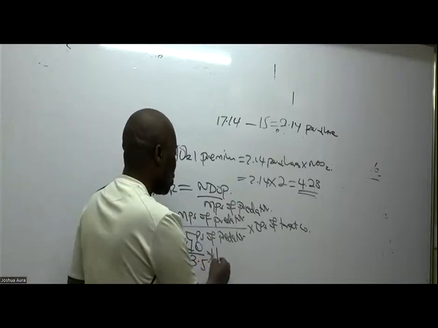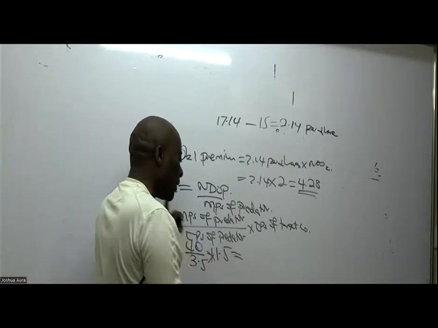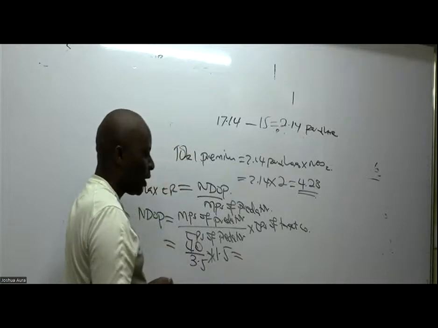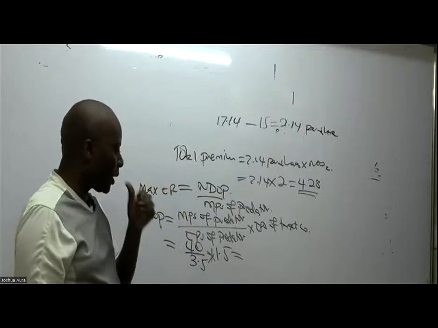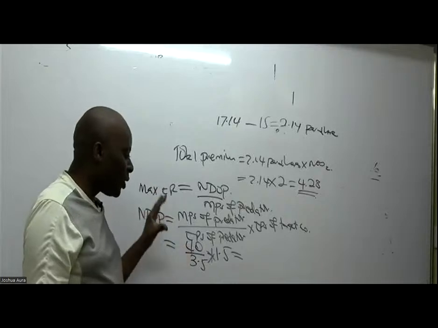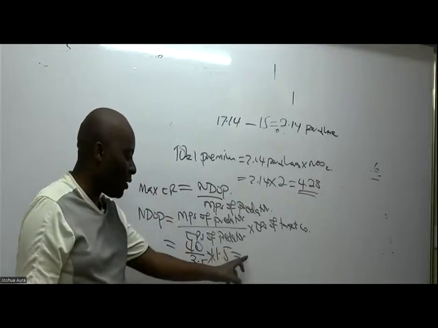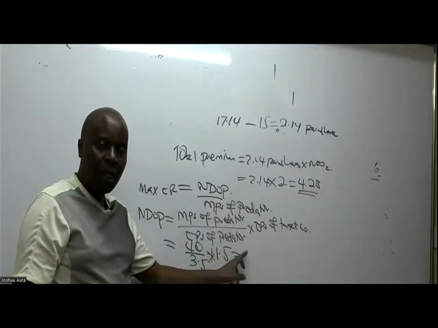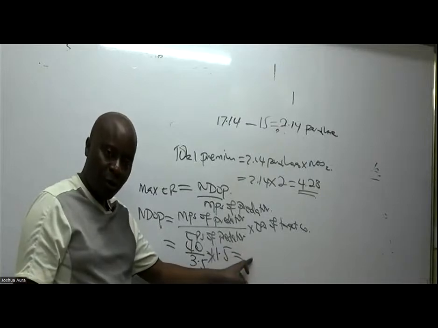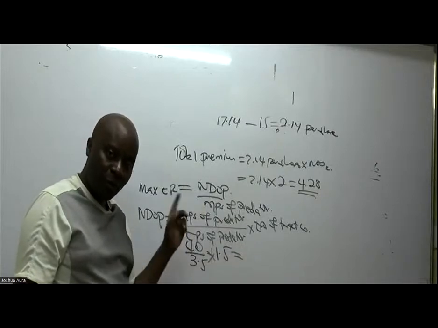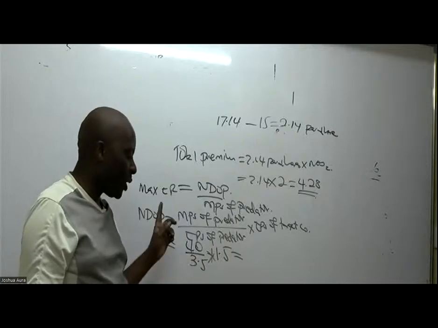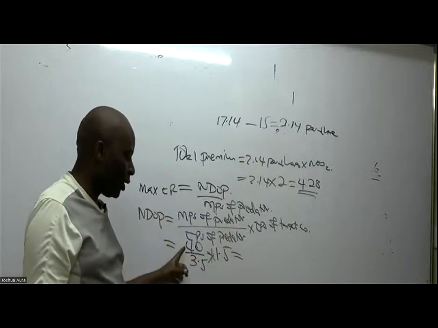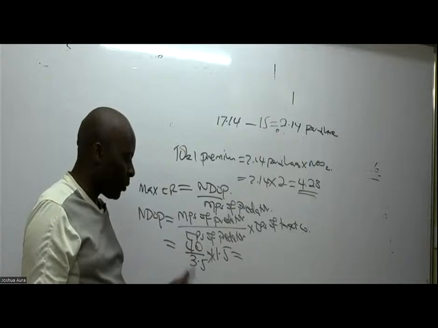Please ensure that as you get this answer, if you want to be exact in terms of the number of shares that will be exchanged, you get your answer in the form of a fraction. Don't get like 17.14, right? It has to be a fraction. And how do you get that? It's 40 divided by 3.5 times 1.5.